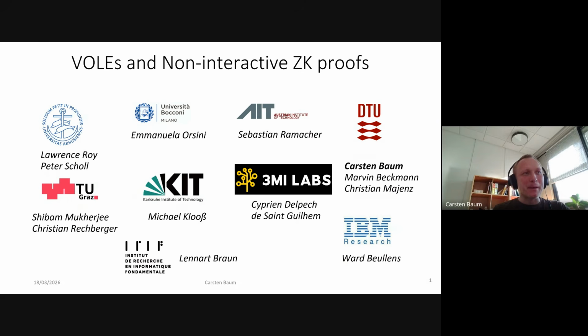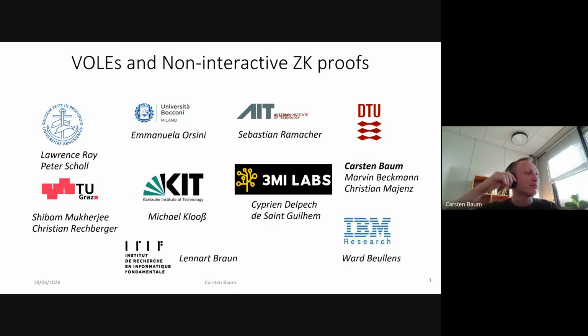What I will talk about today, these VOLE-based ZK proofs, they have quite a few applications in the area of digital identity.